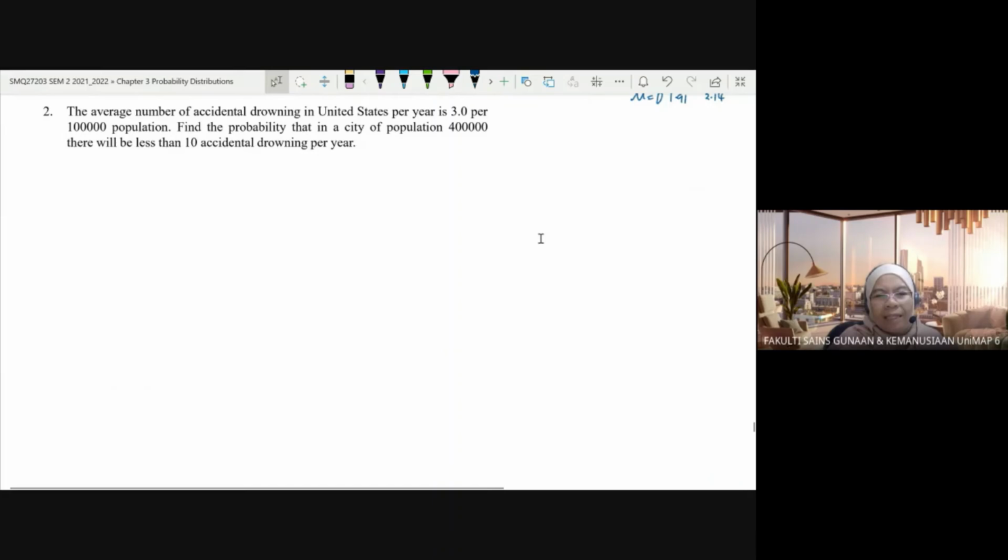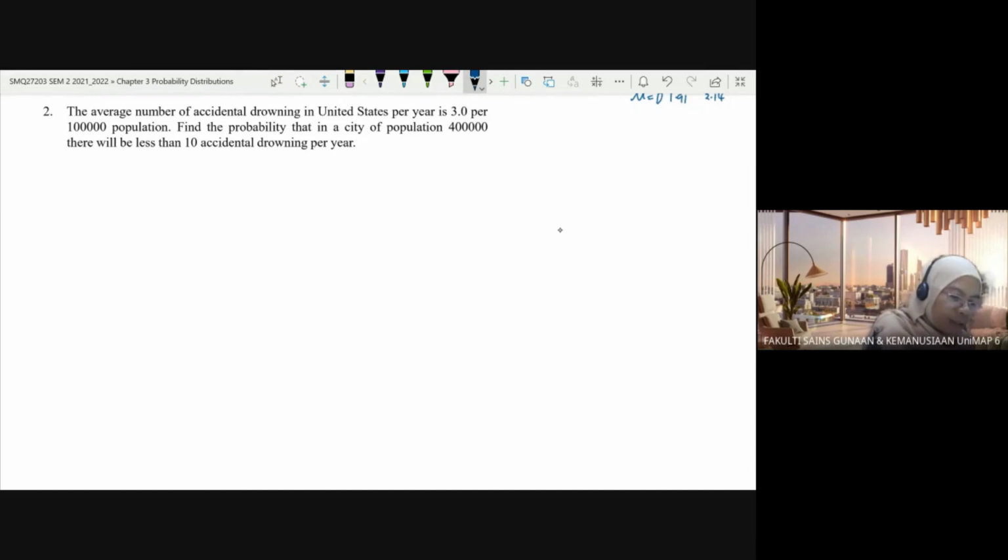Find the probability that in a city of population 400,000, there will be less than 10 accidental drowning per year. Now, this is a bit different from what we have had before. So we know that this is Poisson, since you are given only one value, that will be the mean. That will be three accidental drowning in 1 year.